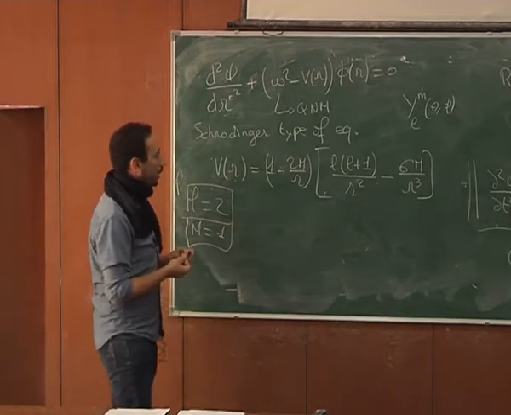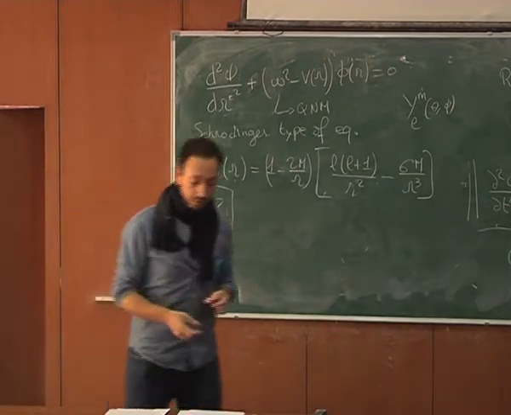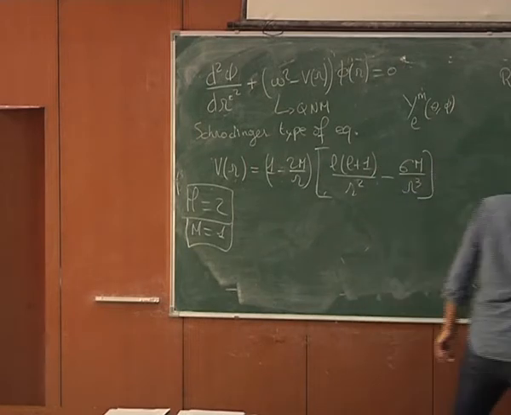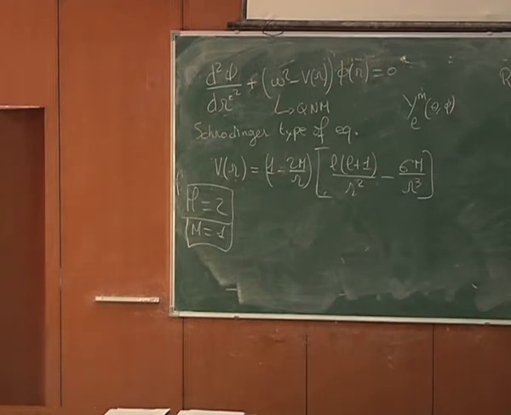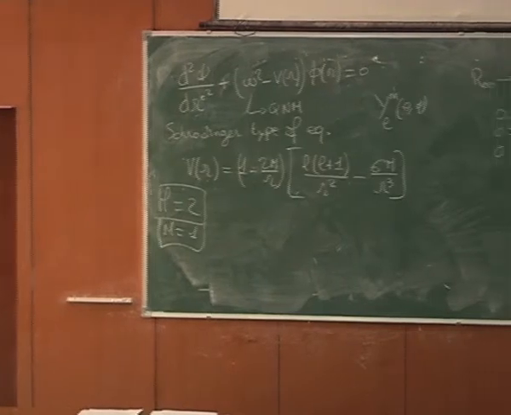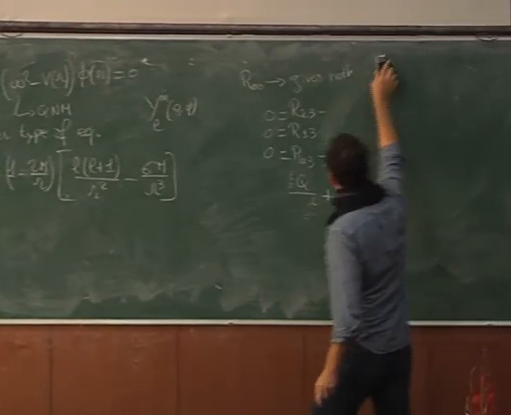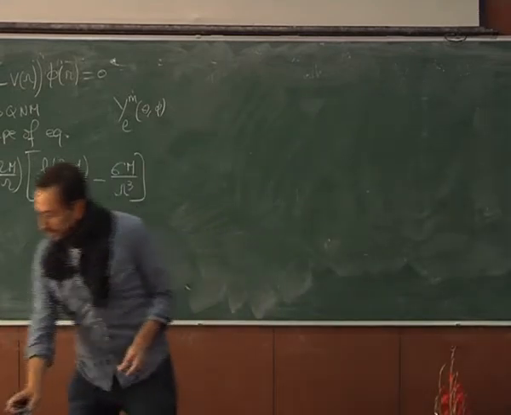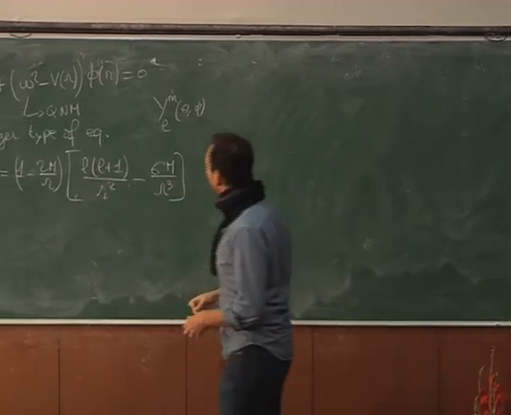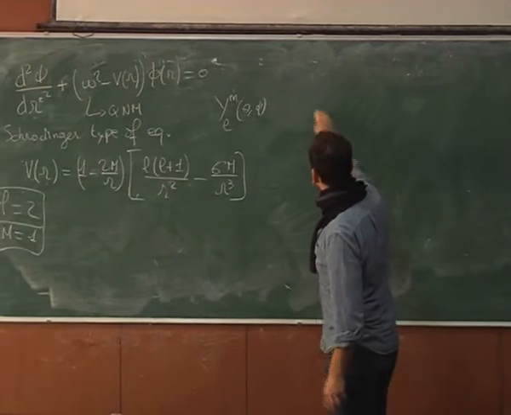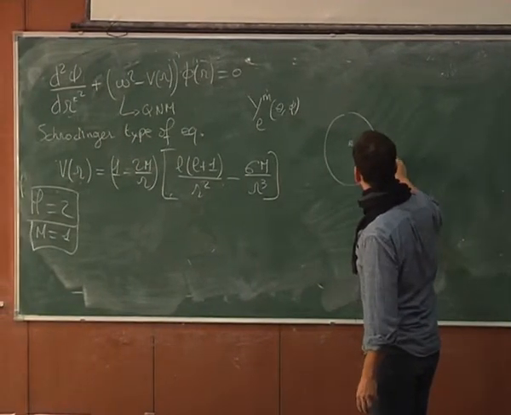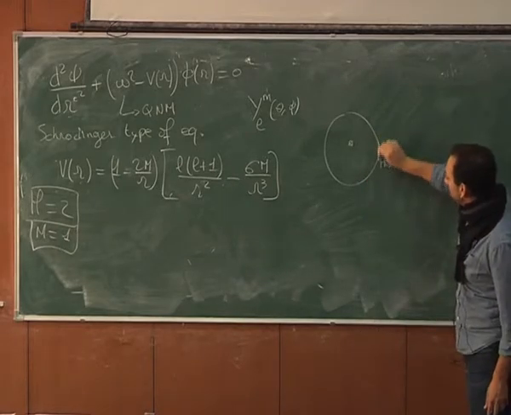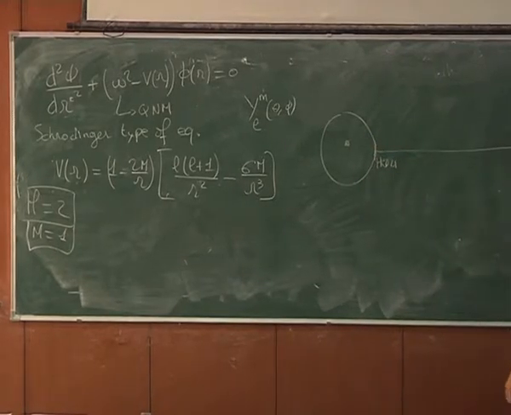So let me just say, what are these boundary conditions? To make it more clear, actually. So the boundary conditions are the following. We have a black hole, we have the horizon, and we are solving our equation from the horizon to infinity.